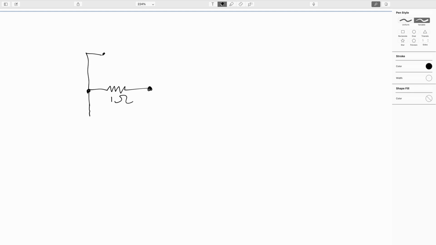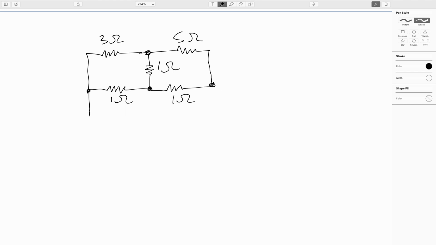So we got 1 ohm there, 5 ohms there, 1 ohm here.